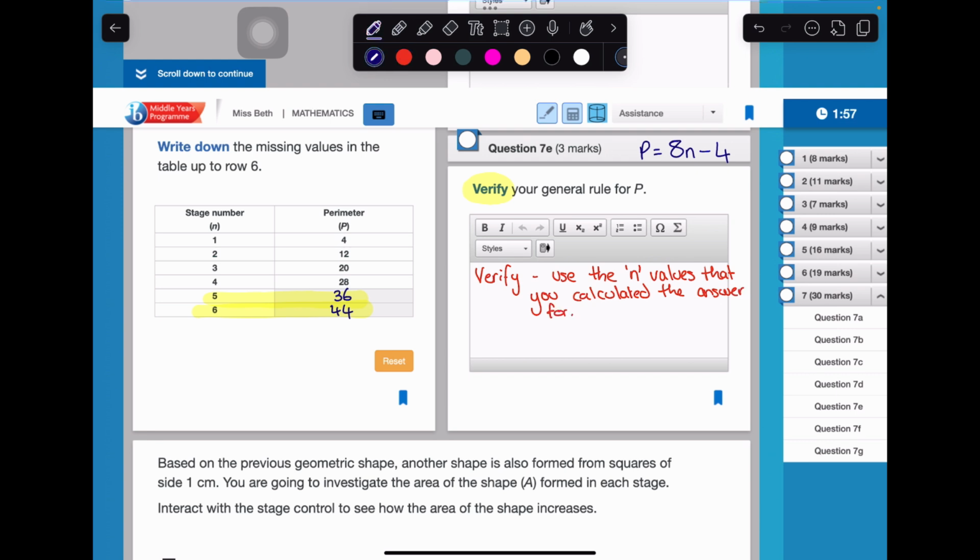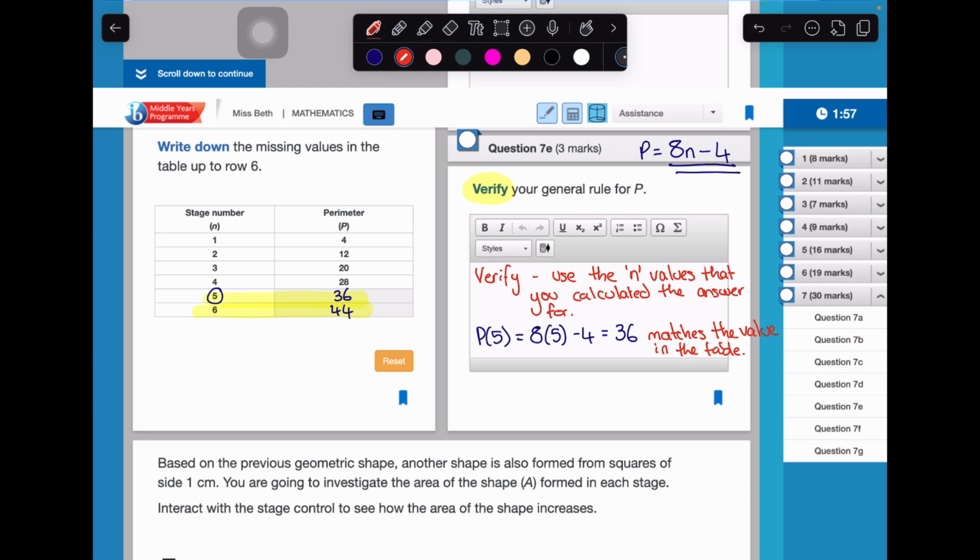Okay, so here we're going to use our rule, so P of 5, and all I'm doing is substituting the number 5 into my rule. So 8 multiplied by 5 subtract 4, that's going to be equal to 40 subtract 4, which is 36. I'm then going to tell the examiner this matches the value in the table.